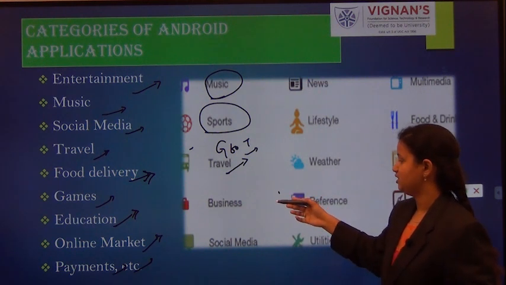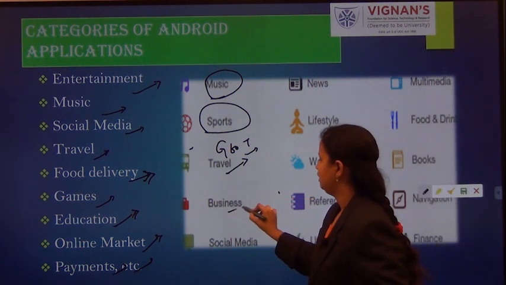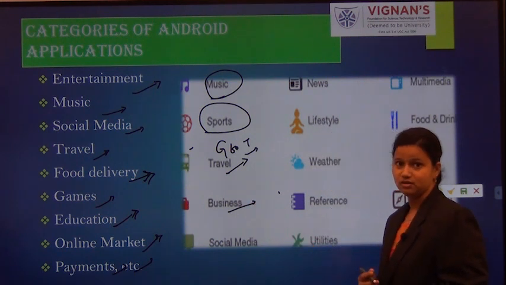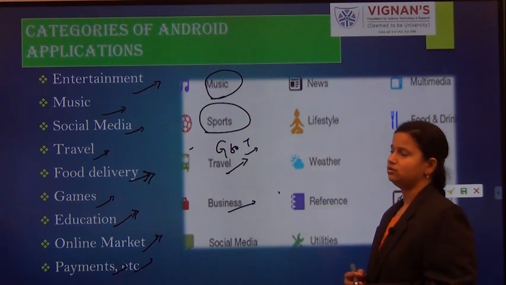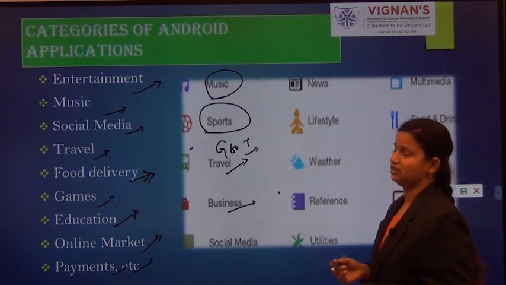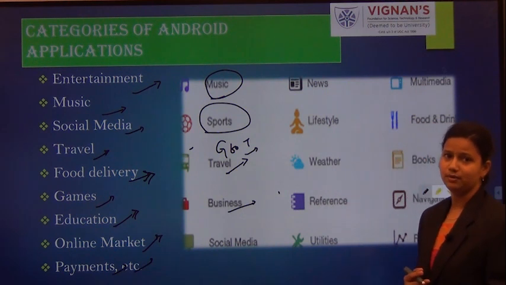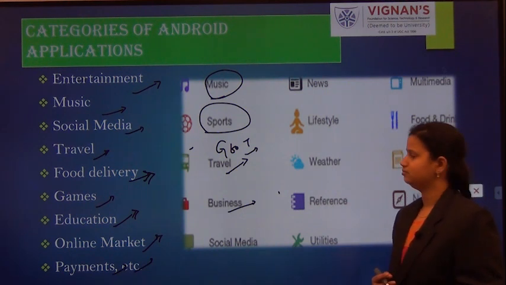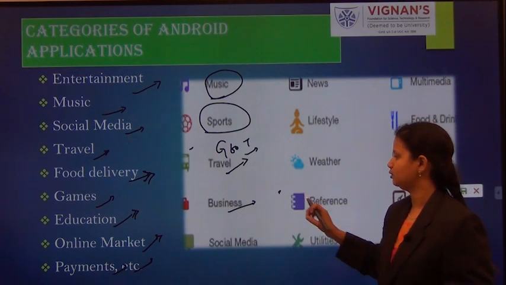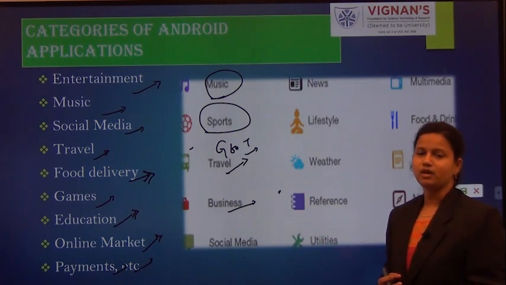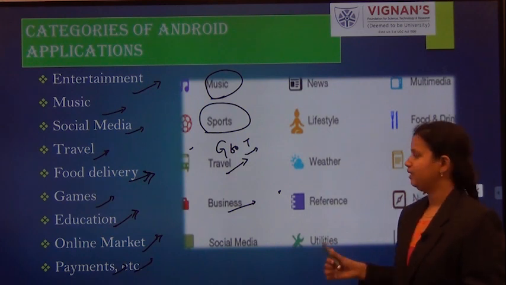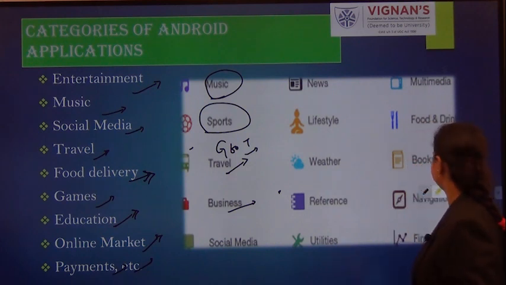And the next one is business. So much business is done by using these applications. So with these application areas, we go with the development of mobile applications with Android.